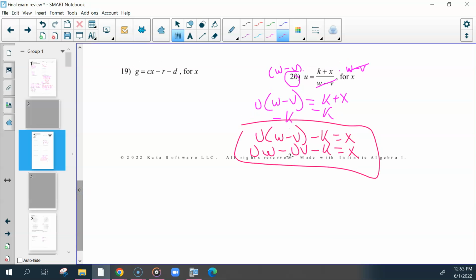For 19, if we're trying to solve for x, we need to get rid of the r, the d, and the c. So we're going to do the opposite, get rid of these two first because it's not directly connected to x. So we can add r and d at the same time to the other side. And I'm going to rewrite that in alphabetical order. So this would be d plus g plus r equals cx.